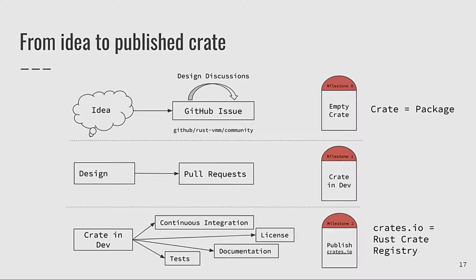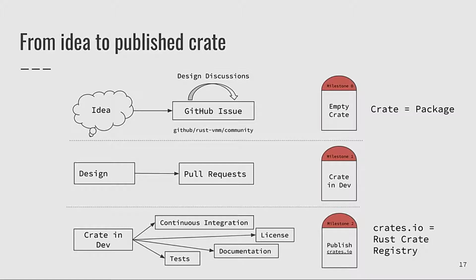Then we are really insisting on documentation because this is one of the problems that most projects out there have. And if you are going to use this component that you didn't develop yourself in your VMM, you really need to know how to use it. And this is where the documentation comes in, and documentation also has usage examples. Then we have tests.